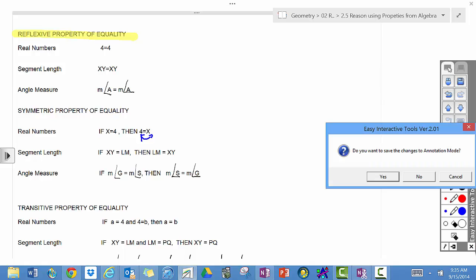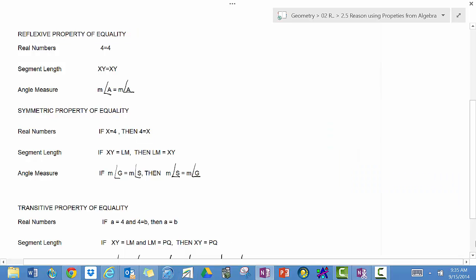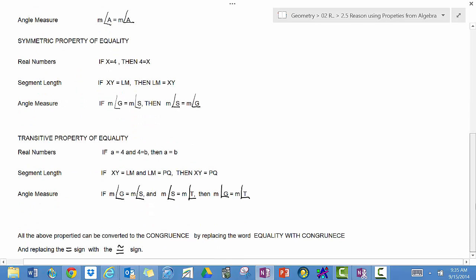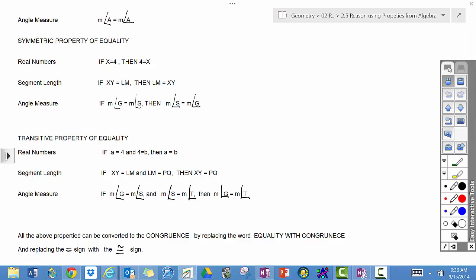Okay, transitive property of equality. This is of the form if A equals B and B equals C, then A equals C. Okay, again, A, B, and C that we use here stand for real numbers.